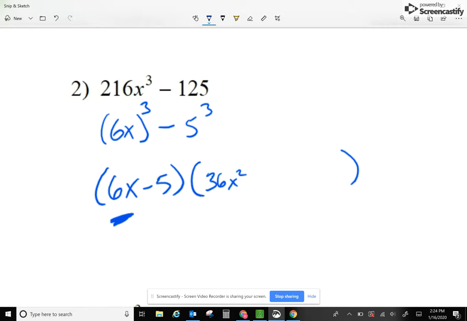For the last term, I look at 5 times 5. It's positive 25. Now, for my middle term, remember I'm going to go opposite signs. So instead of the minus, I'm going to go plus. And when I say minus, I'm referring to this minus. I'm going to go the opposite, so plus 6x times 5. That gives me 30x.